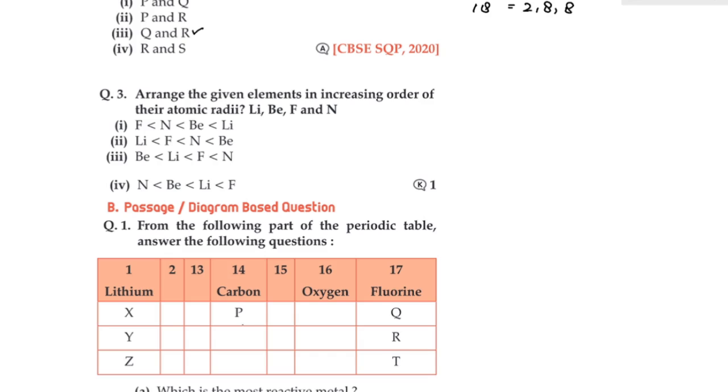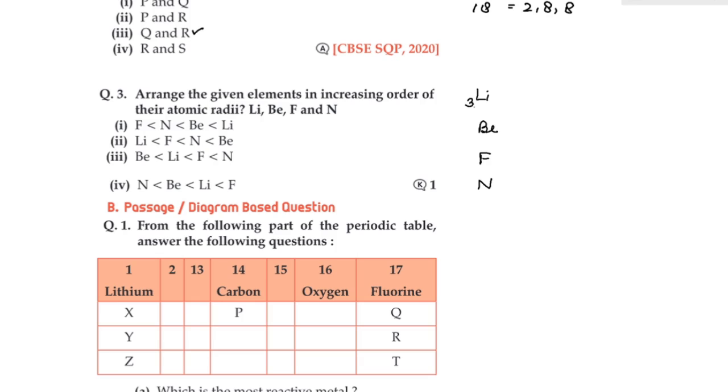Arrange the given elements in order of their atomic radii. So lithium is given, having atomic number 3, beryllium, fluorine and nitrogen. Okay, so let us recall their atomic numbers.